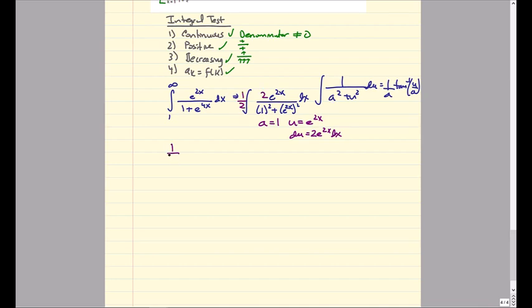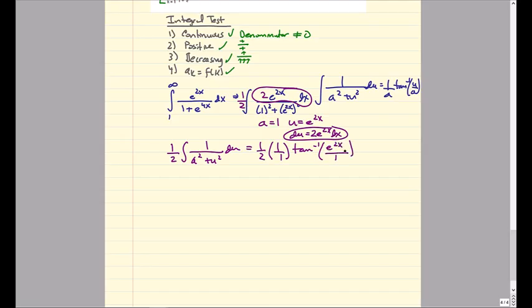So I'd have 1/2 integral 1 over a squared plus u squared du. Now the du is right here, and that's up in this numerator. So that integrates into 1/2, because I'm pulling the 1/2 along, 1 over a inverse tangent of u over a. U is e to the 2x over a, which is 1.